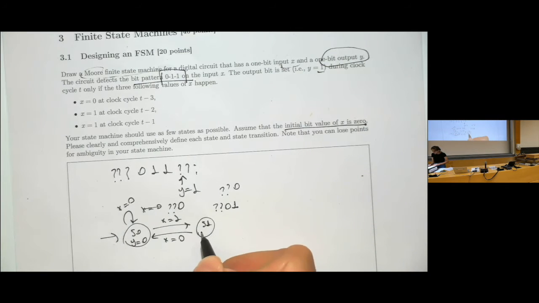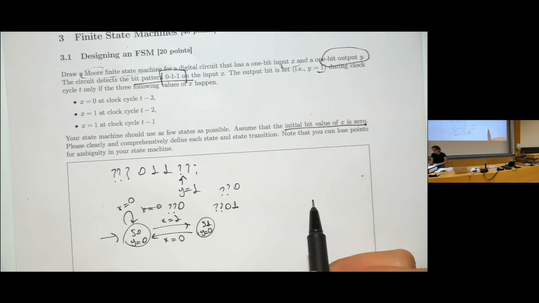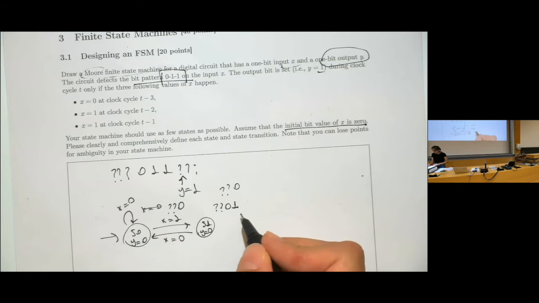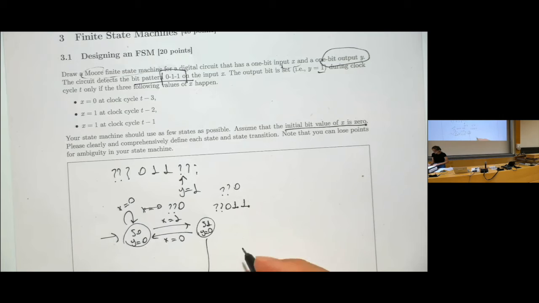And in this one, the output is also 0 again, because you didn't observe 0, 1, 1 yet. And if you observe 1 in this state, then you will see the pattern, and you need to go to another state, which says X equals 1. And in this state, you observed a pattern that ended with 0, 1, 1.